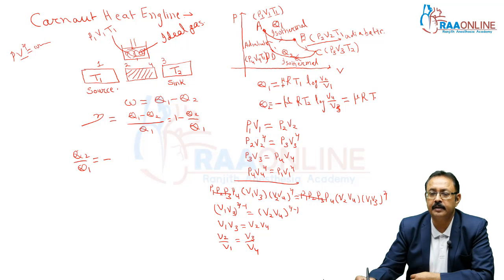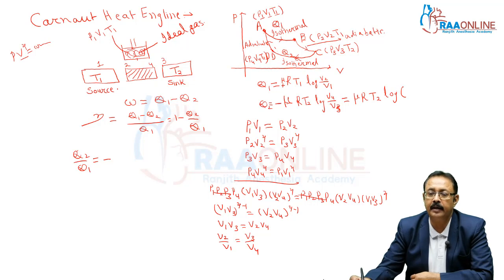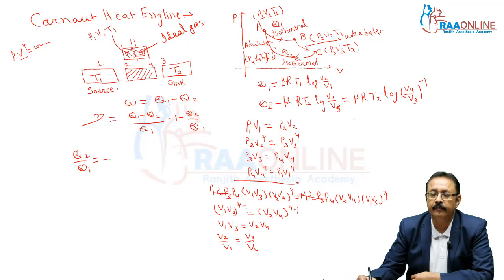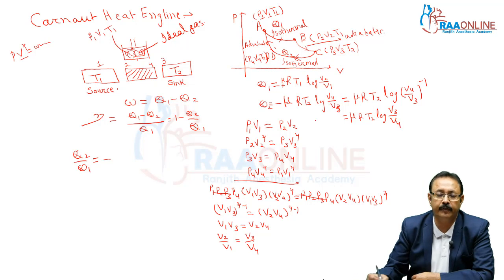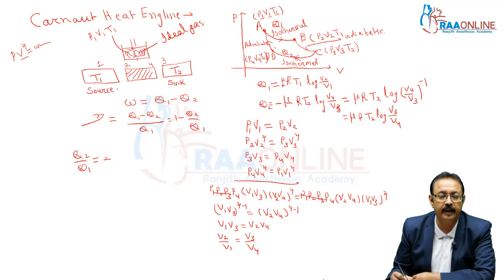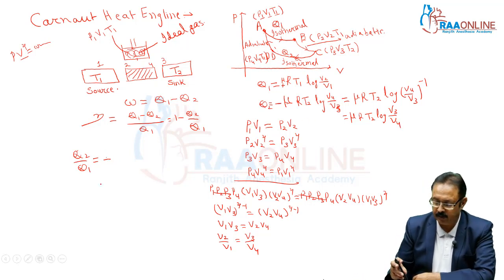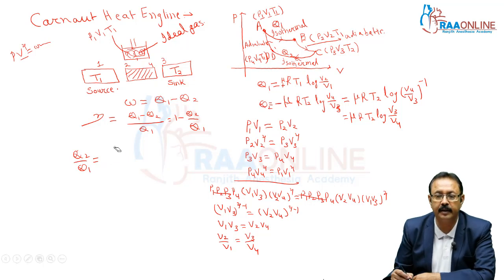We are taking the minus sign in power because log m raised to the power n is n log m. So if we take the power here, we will get q2 is equal to mu RT2 log V3 upon V4. Minus we use there, so no need to write this minus sign.